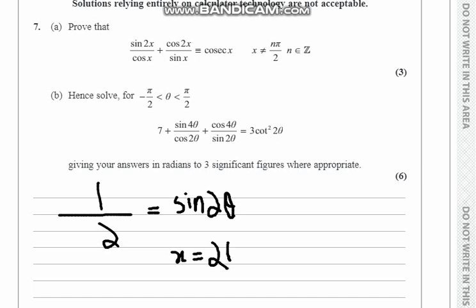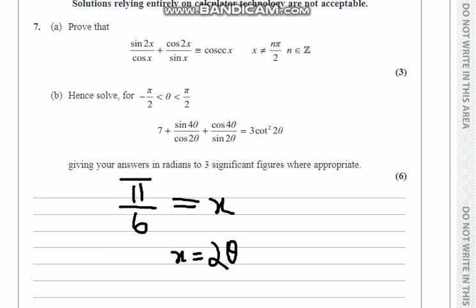We'll make use of the double angle later, but for now just take x as 2 theta and plug it in. To find the x value, multiply everything by arc sine, and you'll find that x is pi over 6, so that's one value.